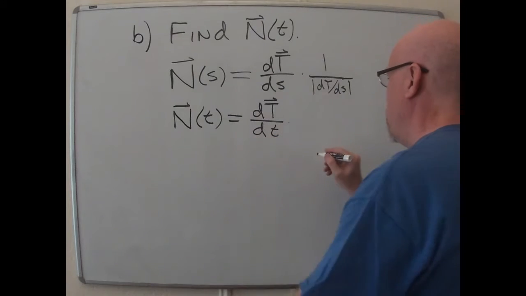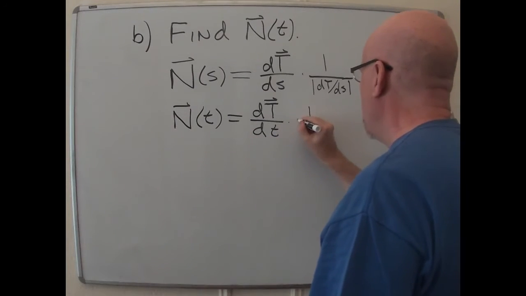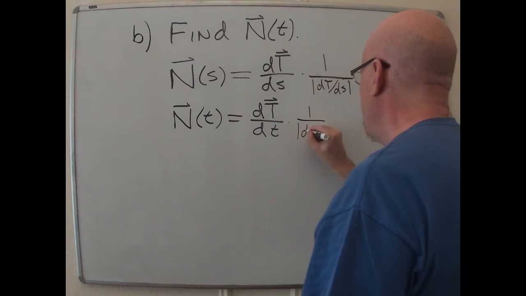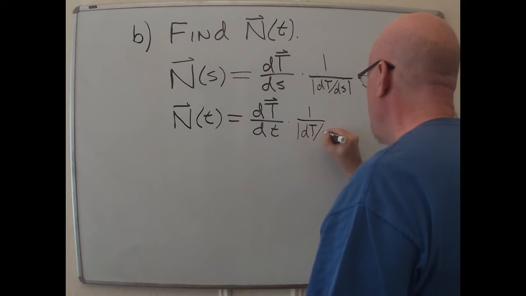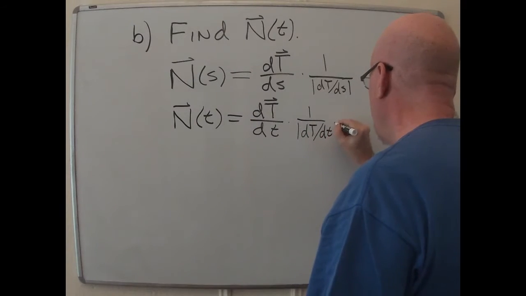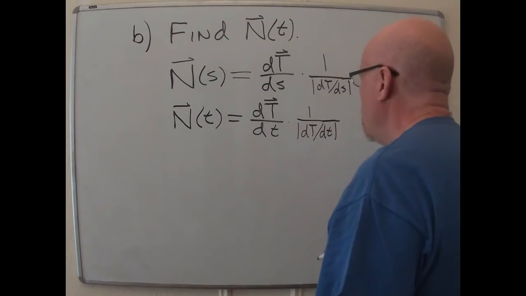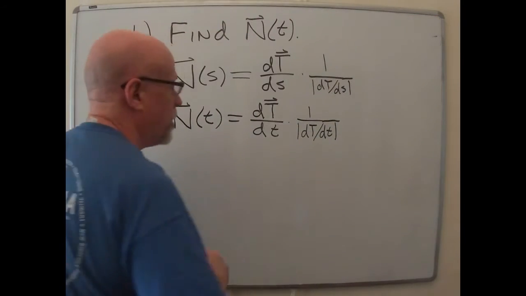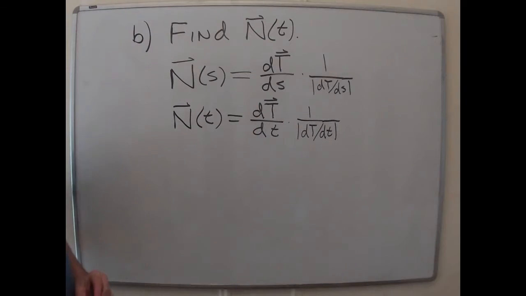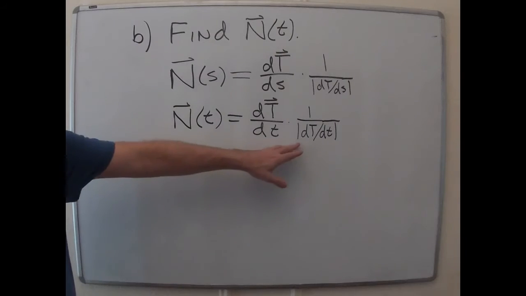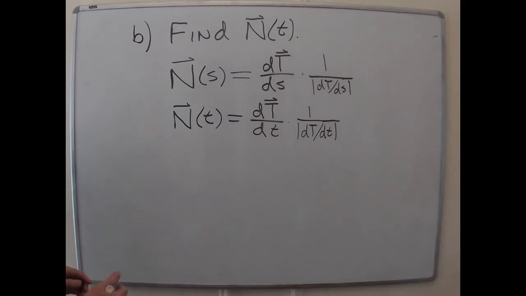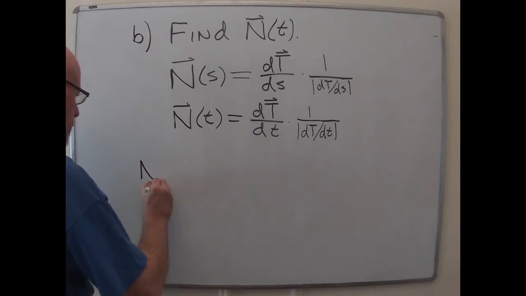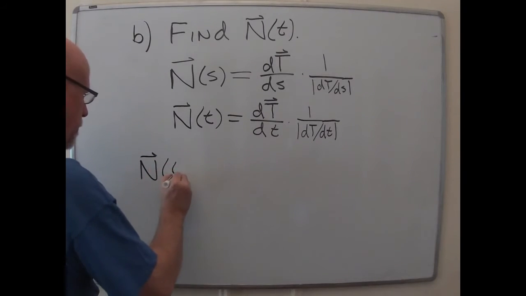Now it's the length of dT/dt, though. All right, so that's the thing that you will almost always use to find a normal vector. We've got an expression for the tangent vector, take its derivative, and then scale it so that it becomes a unit length vector. All right, so what is N of t?